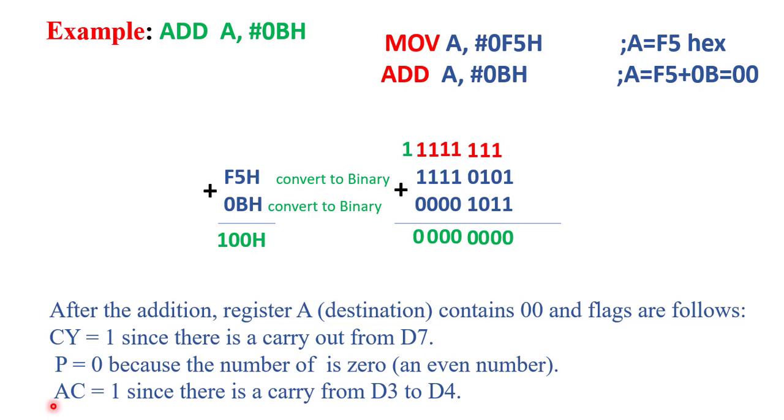Next flag bit is the auxiliary carry flag. The auxiliary carry flag is set to 1 because there is a carry from the D3 to D4 bit. Here when we perform this operation, 1 plus 1 is 0, so a carry is generated into the D4 bit. That is why the auxiliary carry flag is set. So I hope you understand the whole operation.